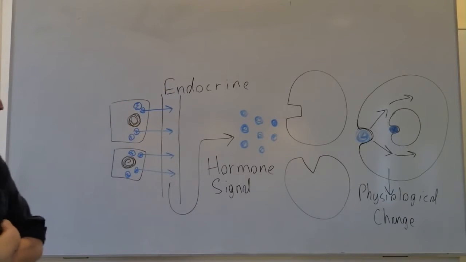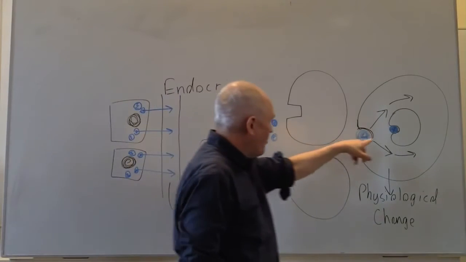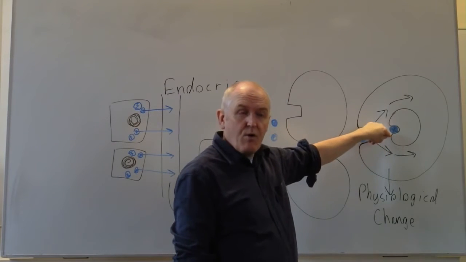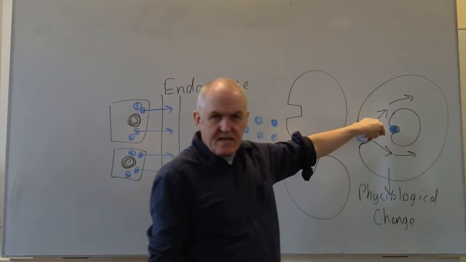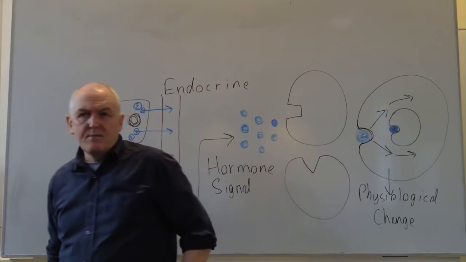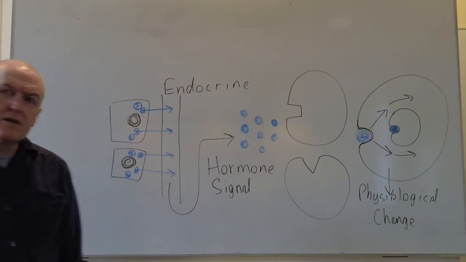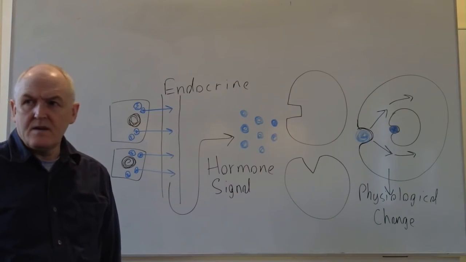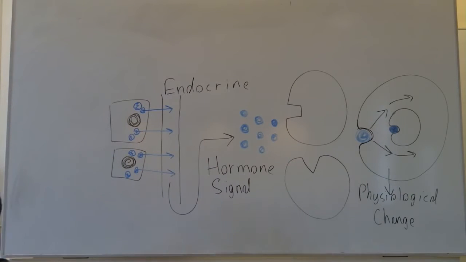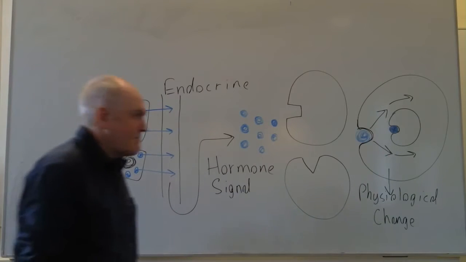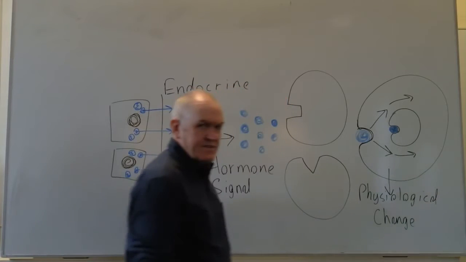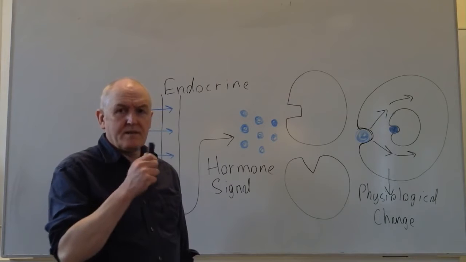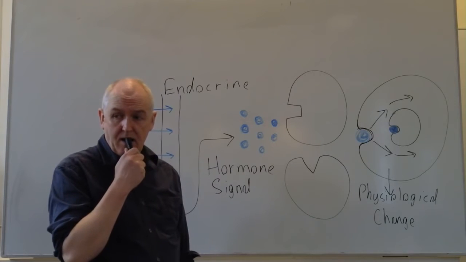Or, if this is another type of hormone that will bind inside the cell called thyroid hormone, the more thyroid hormone that binds into that receptor inside the cell, the more metabolically active the cell would become, and it would produce greater amounts of energy. So different hormones are coordinating different ranges of physiological activity in different tissues. But we'll see more when we learn about the individual endocrine glands.